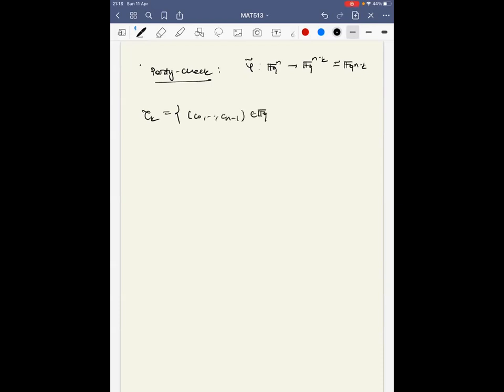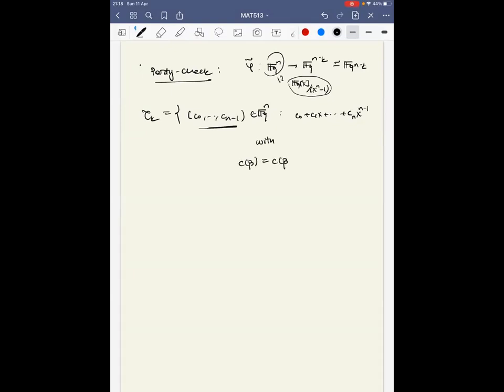For this purpose, for a codeword c, by using the FQ linear isomorphism between the n-dimensional vector space and the quotient ring FQ[x] modulo x to the n minus 1, we can view this vector of length n as a polynomial of degree at most n minus 1 with check equations.